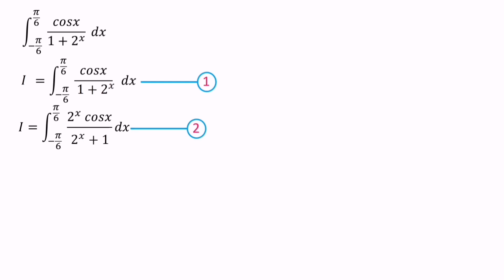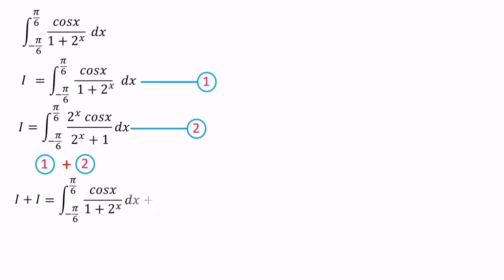Now we can add both equation number 1 and equation number 2. On the left hand side we can write I plus I. On the right hand side, integral cos x over 1 plus 2 to the power of x plus integral 2 to the power of x times cos x over 2 to the power of x plus 1. We can consider a common integral sign.